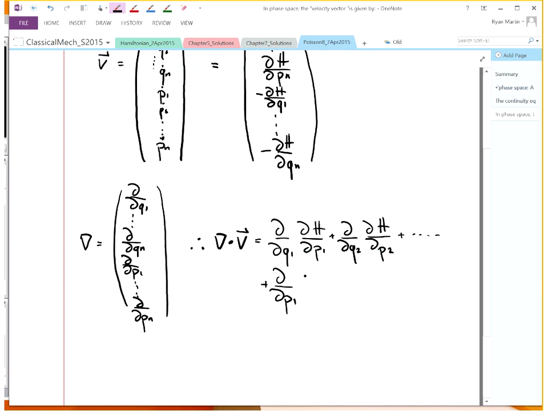Then I'll have ∂/∂p1 times now minus, I'll put the minus sign in front, minus ∂H/∂q1. That's the first term in the p set of them. And I have minus ∂/∂p2 ∂H/∂q2, like, it's the minus sign.